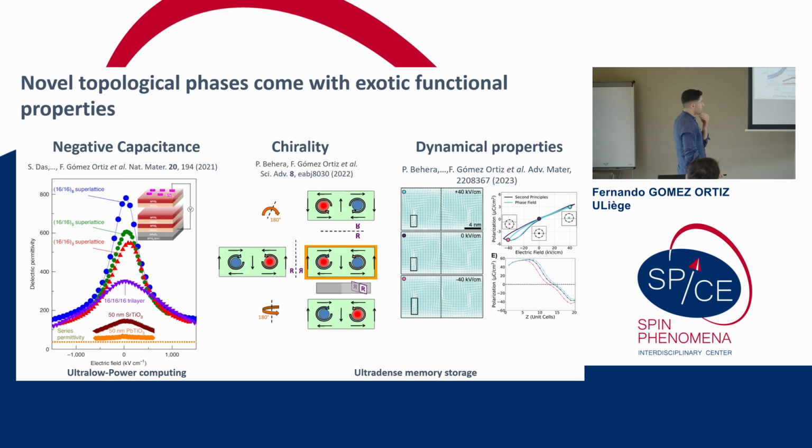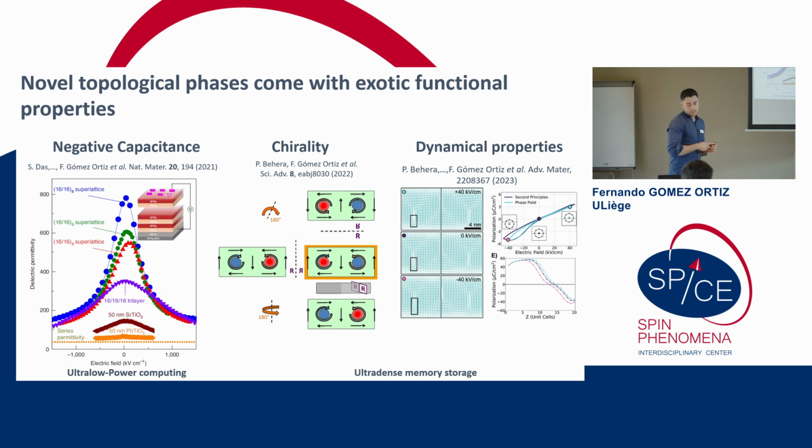And OK, so now before ending, I would like to discuss a bit the functional properties that this system can present. So these systems are very interesting because they can help in the design of new nanoelectronic devices. Essentially, the three main characteristics that these systems have are the negative capacitance effect that allows ultra-low power computing, although today I will not discuss this.